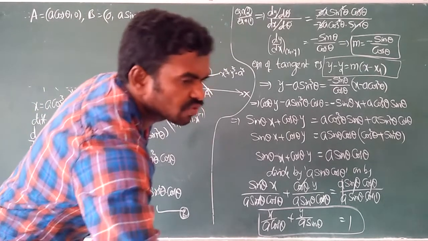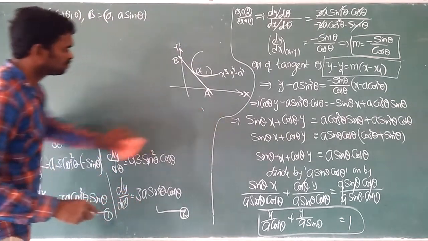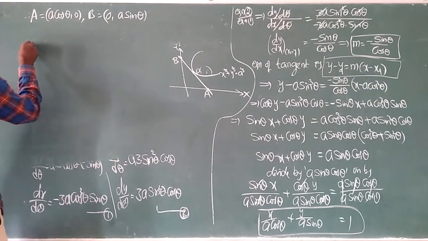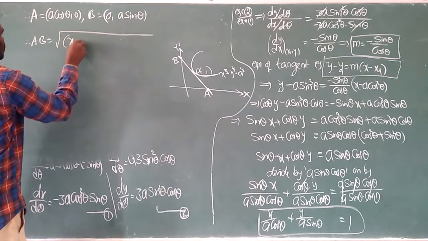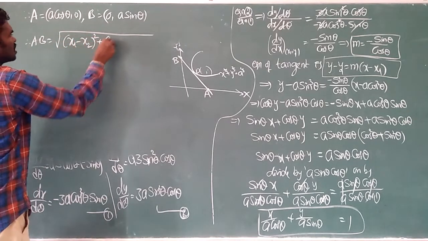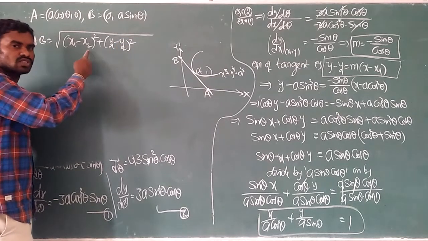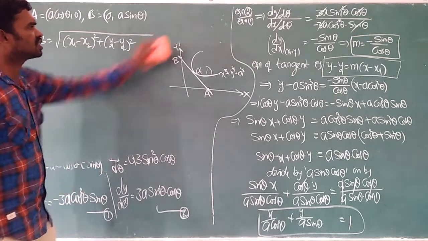Then we should find the distance between A and B. How can you find the distance between A and B? Formula? Yes, very good. Root of x1 minus x2 whole square plus y1 minus y2 whole square. Therefore, length of AB equals root of x1 minus x2 whole square plus y1 minus y2 whole square. You can even write x2 minus x1 whole square plus y2 minus y1 whole square. From that also you will get the same answer. There is no confusion.